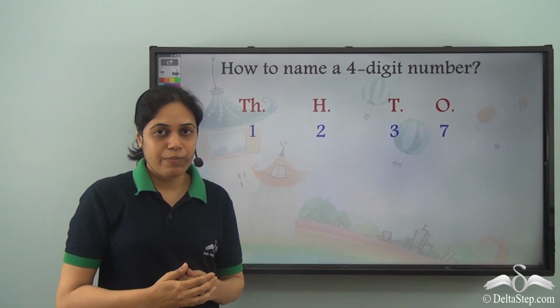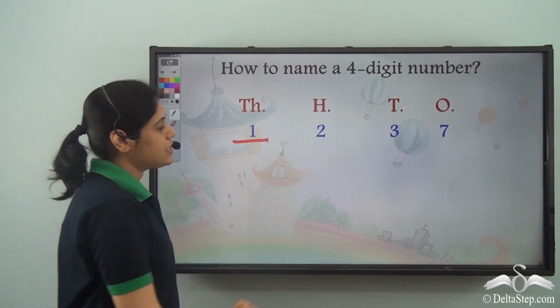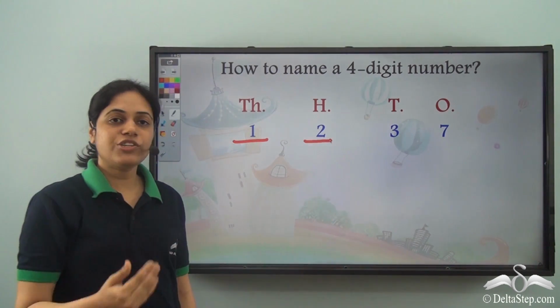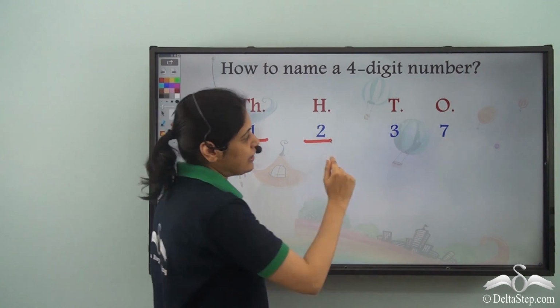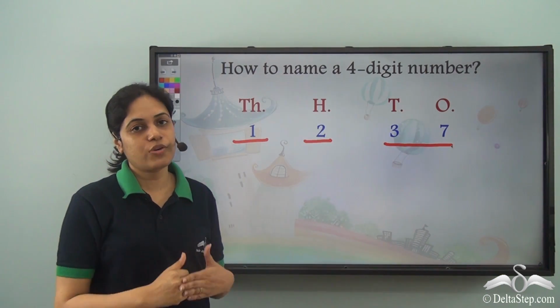Similarly, a 4-digit number has 3 parts. The first part is the digit in the thousands place, the second is the digit in the hundreds place, and the third is the tens and ones digit together.